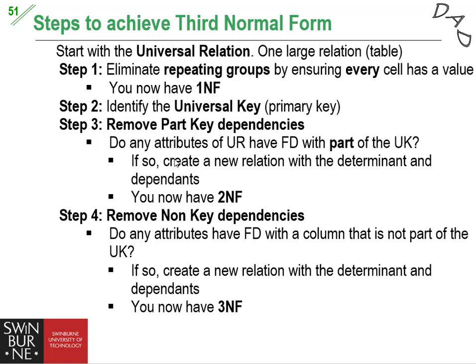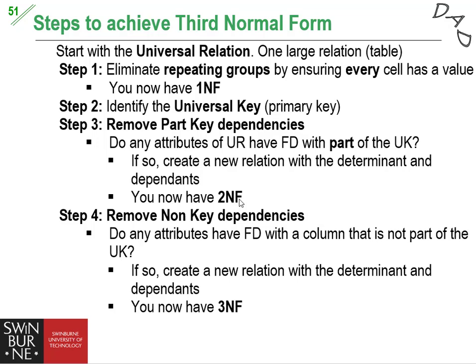Once you identify that, we can create a new entity with all the dependencies. So remove all these dependencies on the partial universal key, or part key, into a new entity. Likewise, you can remove the part key dependencies. Once you have done that, you are in second normal form.